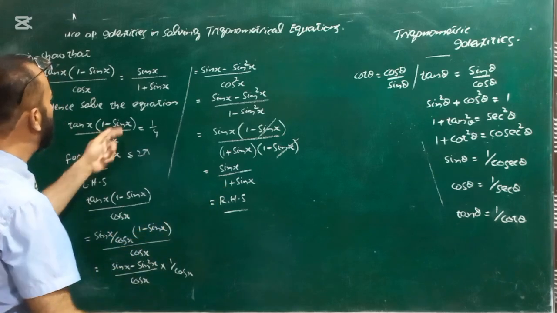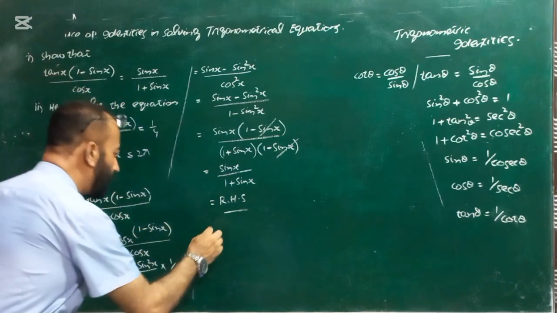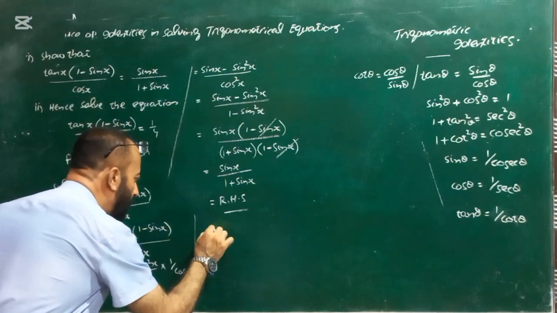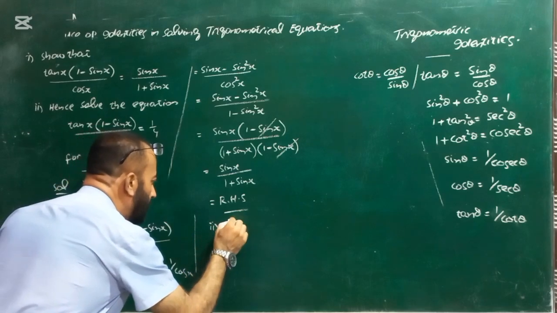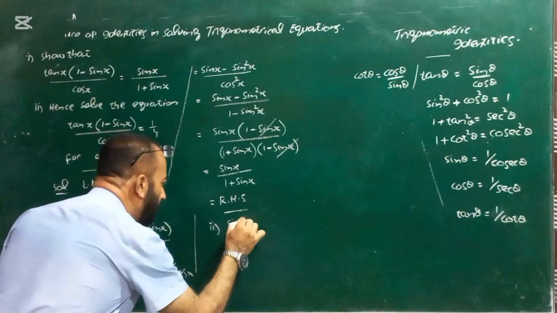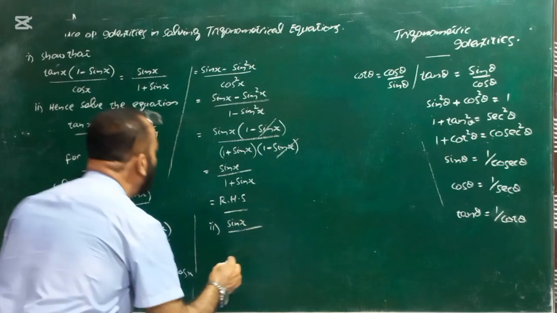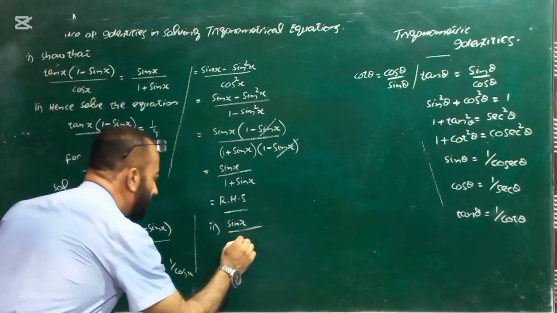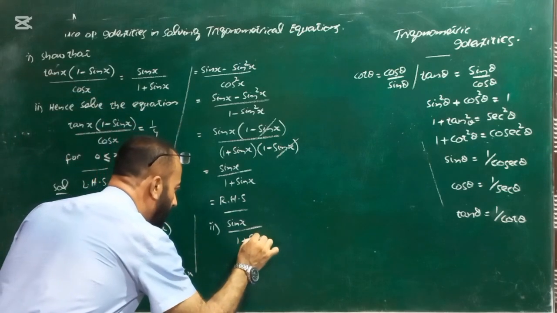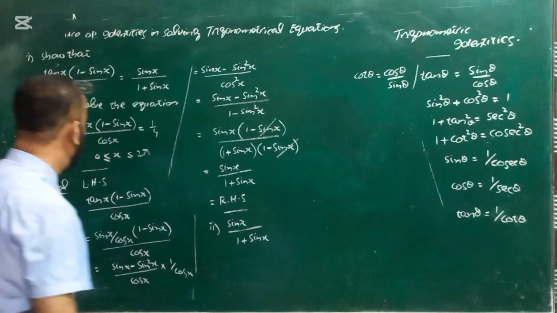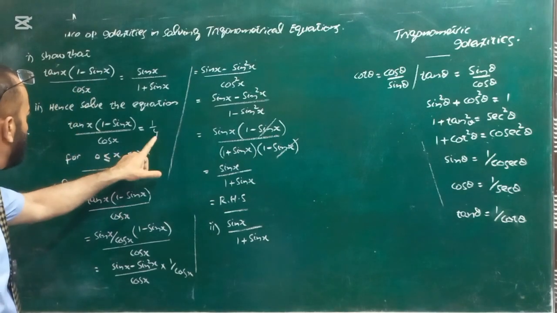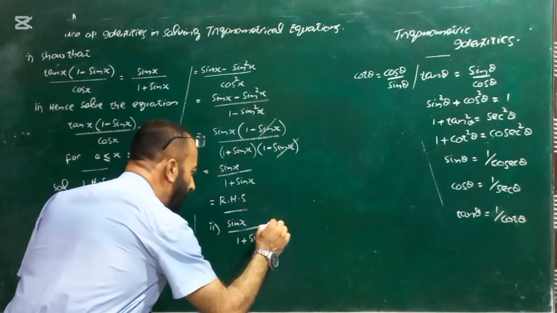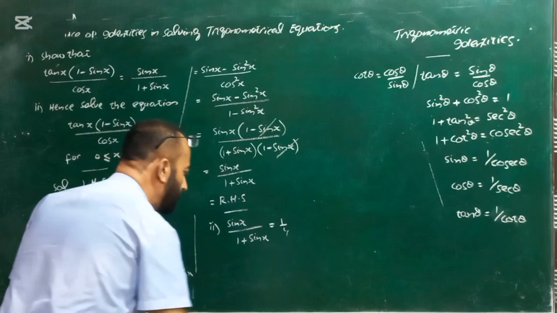So it means sin x over 1 plus sin x. So this function is equal to 1 by 4 now. So take it equal to 1 by 4.